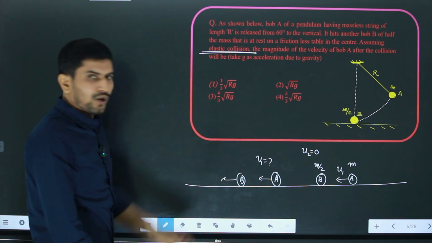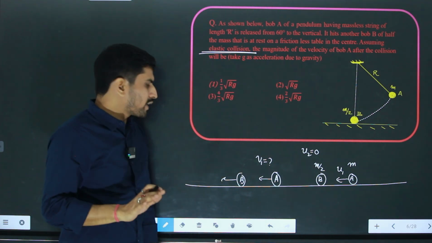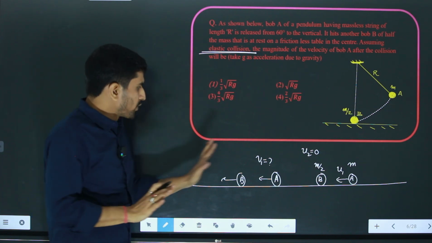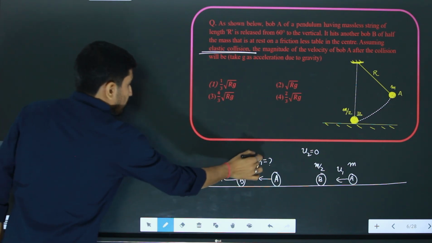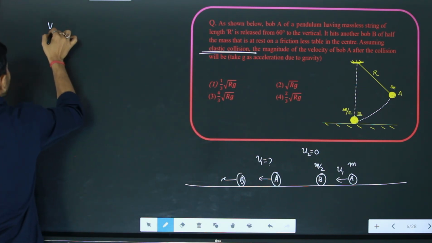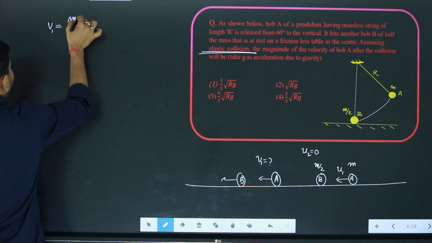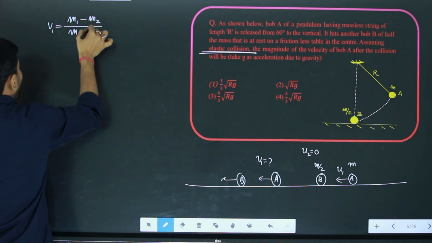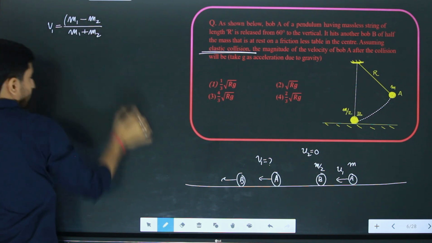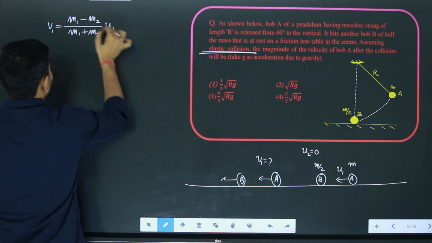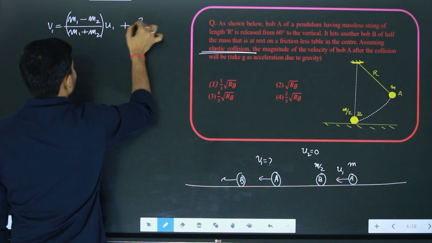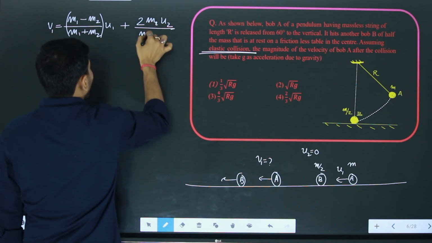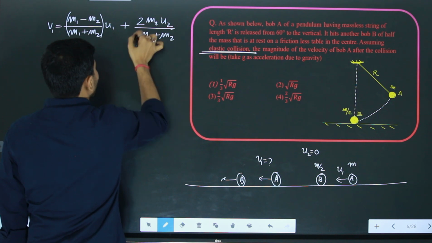Now, as a JEE aspirant, it is expected that you keep all the formulas handy because you are appearing for the exam. Therefore, I will directly write down the formula for V, which is equal to (M1 minus M2) over (M1 plus M2) times U1, plus 2 M2 U2 divided by (M1 plus M2).